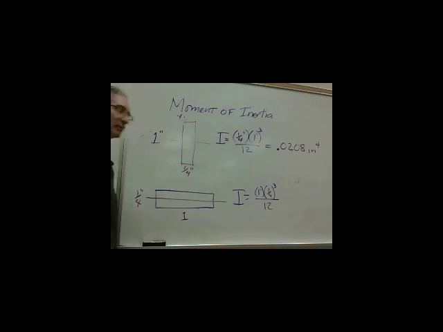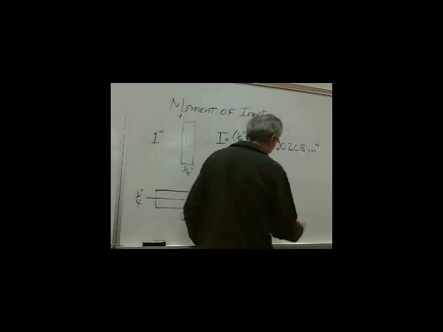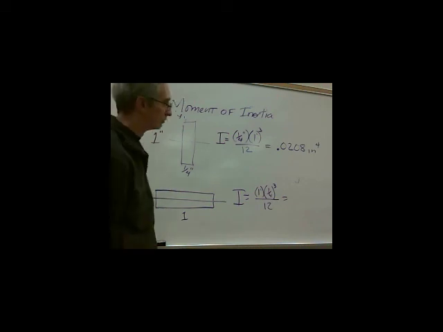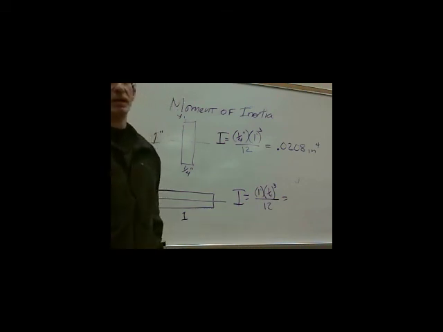What's that value? Just take 0.25 times 0.25 times 0.25 divided by 12. That's 0.0013.